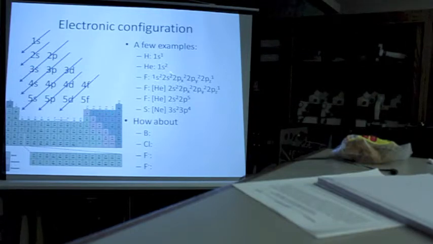We have the 1s, some of the core electrons that are filled in. And then we have the 2s that's filled in. So those are the electrons that come about over here. And then we have 1, 2, 3, 4, 5. So it's in the 5th column over here. So we have 5 orbitals to put in the outside. I've indicated that we have these different orbitals, but that's not so important. What's important is that we have 5 electrons in the 2p orbitals.